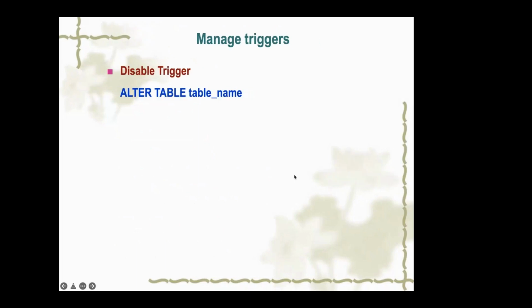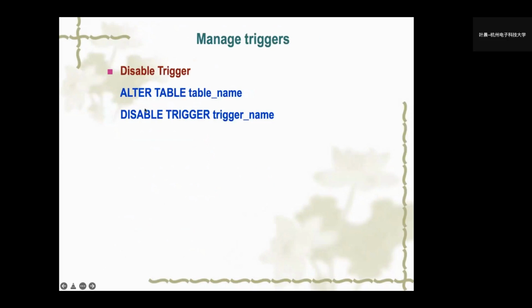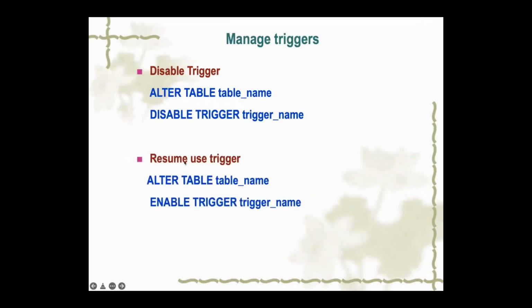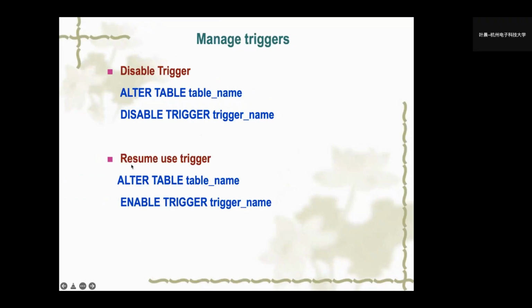Here we also provide how to manage the triggers. First, you can use the alter table, disable trigger to disable it. And you can also use this to restore the use of the trigger: enable trigger, trigger name.